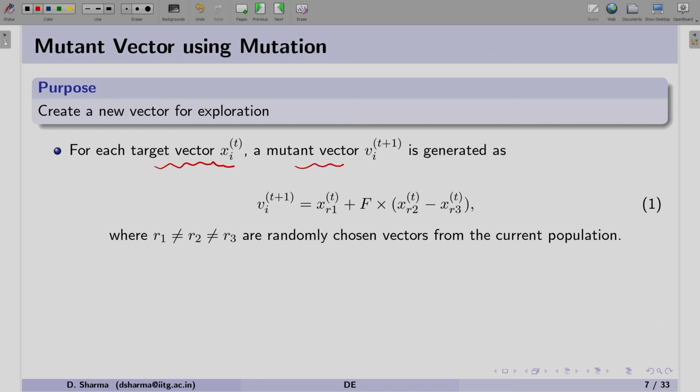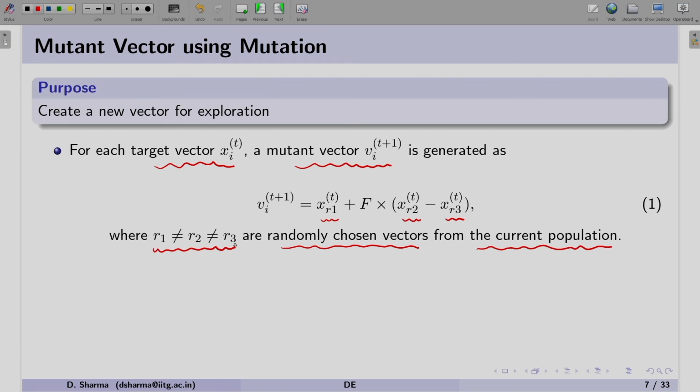The mutant vector Vit plus 1 is generated as you can see in equation number 1, that it depends on choosing the vector R1, then R2 vector, then R3 vector. What are these vectors? These are randomly chosen vectors from the current population. We have to make sure that when we are selecting 3 vectors randomly, they are different from each other.